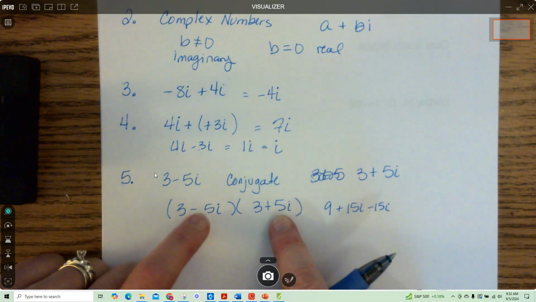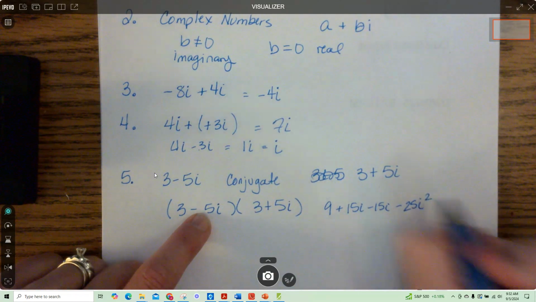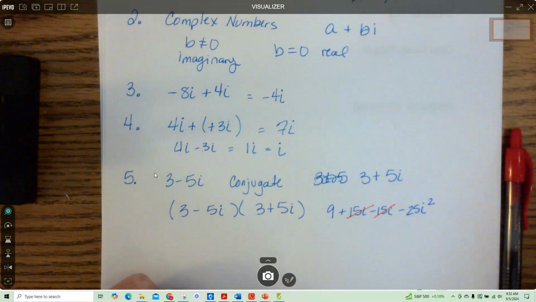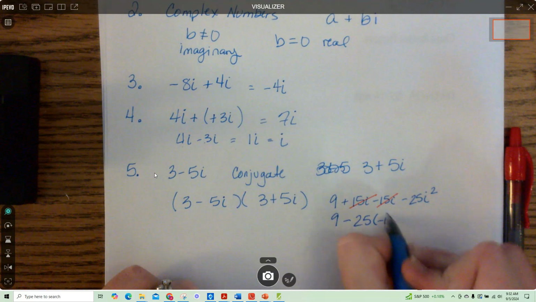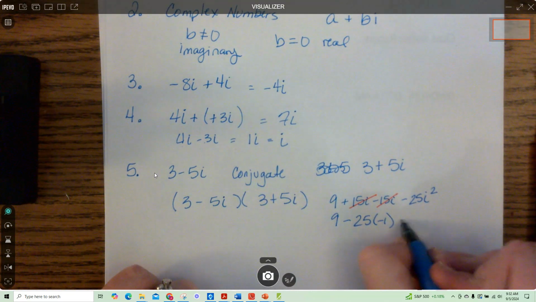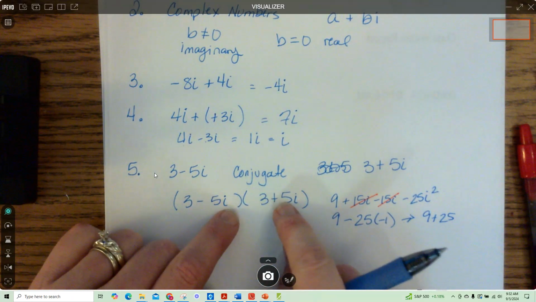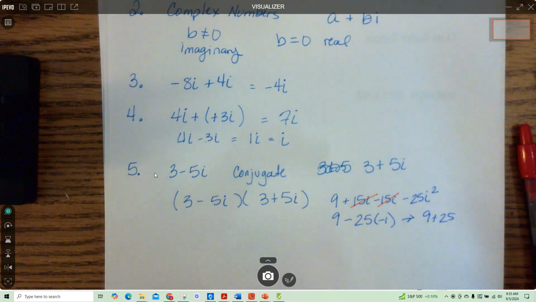And then -5i times 5i is -25i squared. So these cancel, and then i squared is -1, so you would have 9 plus 25. It just helps you eliminate that imaginary number using the properties of imaginary numbers.